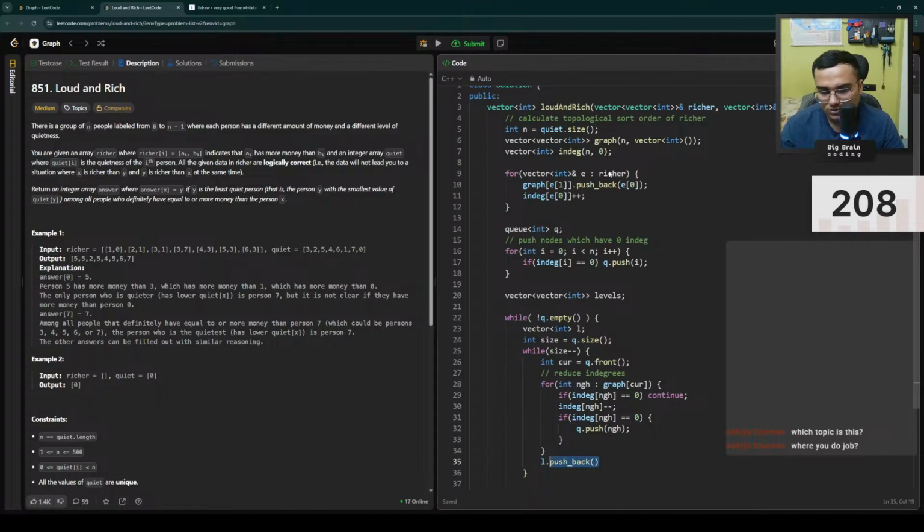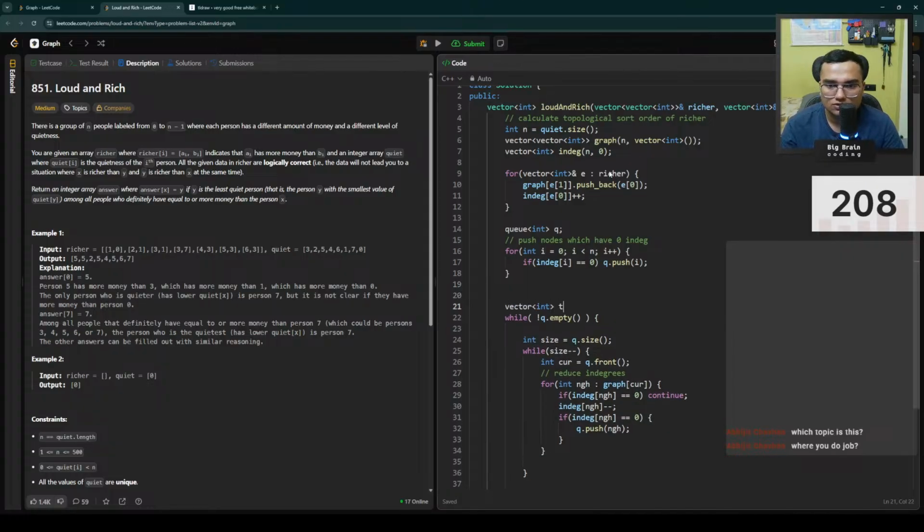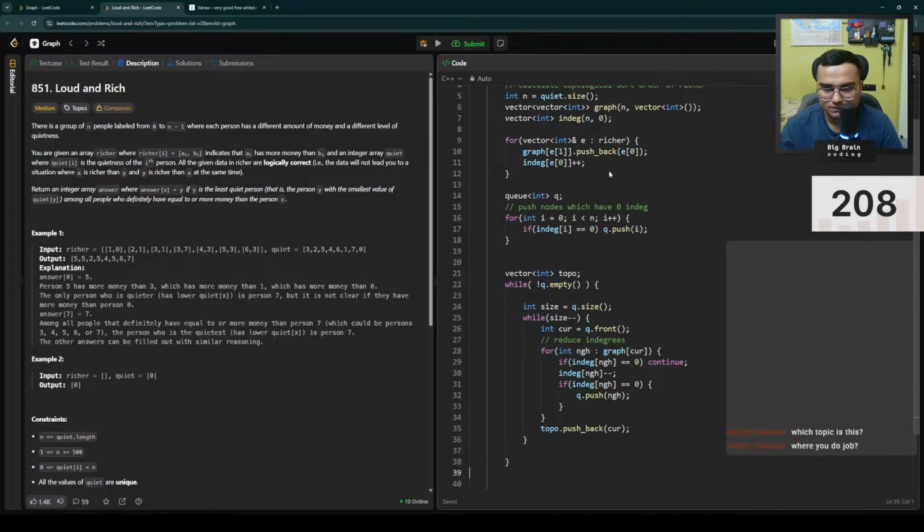No, I don't need levels at all. I just need that topological order, right? So vector int topo, or here topo dot push back current. Makes sense.